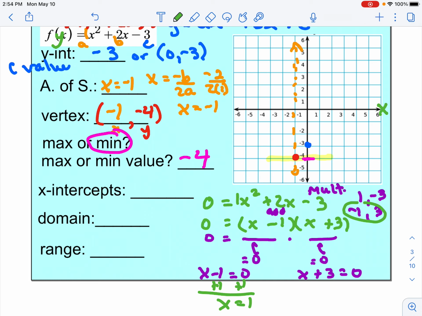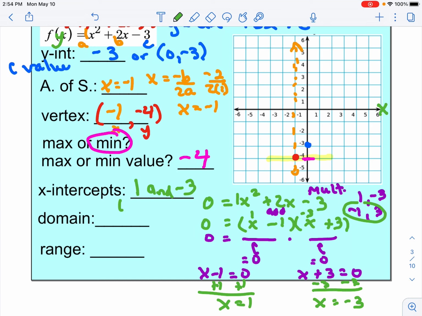So one of my zeros is 1 because that would be the value that I would put in here, subtract 1 and get 0. My other value would be when x equals -3. And again, if I put -3 in for x, -3 plus 3 is 0, and 0 times anything is 0. So my x-intercepts are 1 and -3.